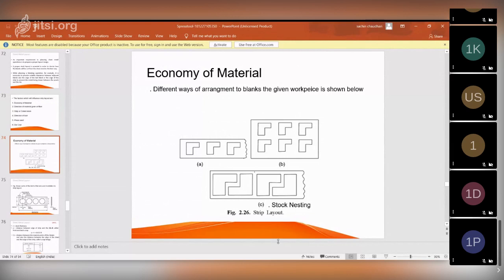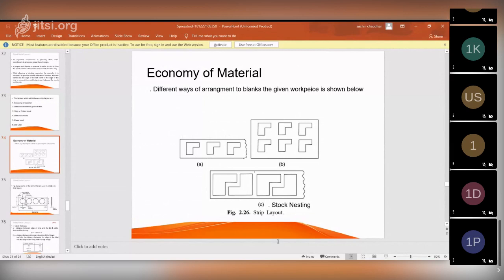Generally, when we do drawing or piercing, these burrs are produced in a downward direction. That is the term called burr down. This is another important factor which limits your layout stock arrangement.